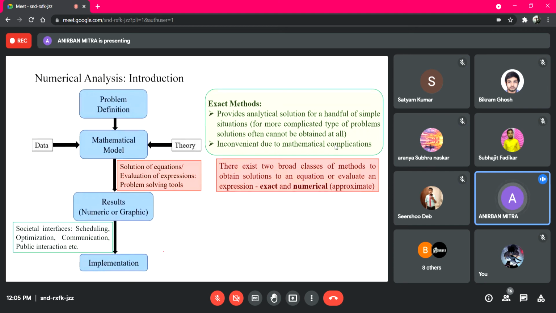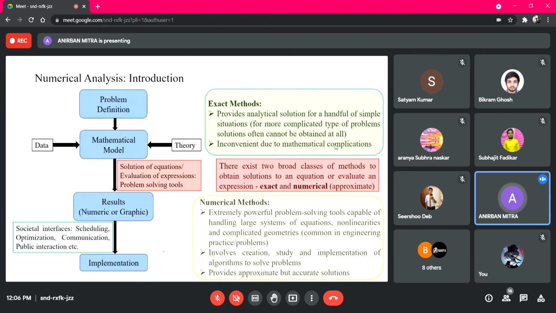And definitely, if it has to be applied, one needs to have a very good grip of mathematical computations and procedures. Even if you have that level of competency, it is sometimes inconvenient because these procedures are quite long and convoluted. So exact methods are not exactly simple ones. So what is the alternative?